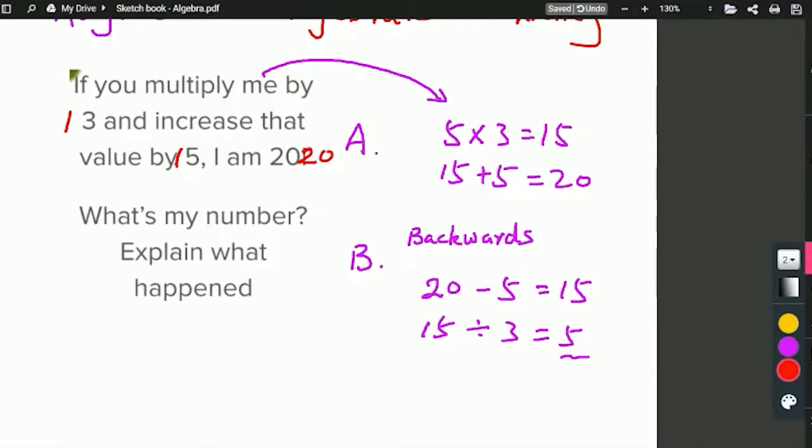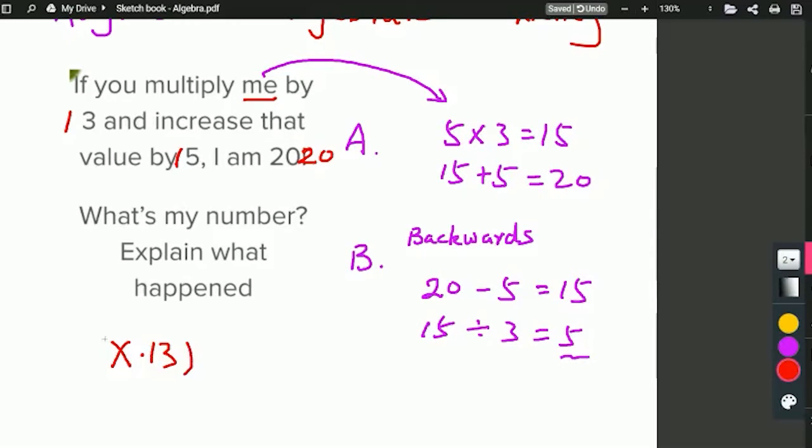So we can say, after you change this question, we still use a letter X to represent me. Okay, this is the number we are looking for. This is me. Multiply by 13, so X times 13, and increase that value by 15.